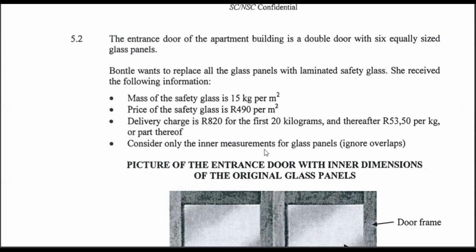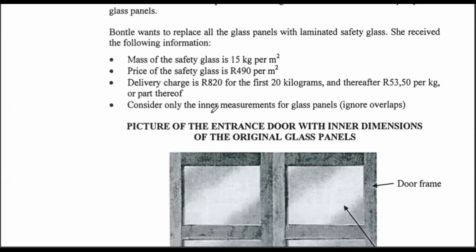So there are 6, they're all equal. Bontle wants to replace all the glass panels with laminated safety glass. She received the following information. Mass of safety glass is 15 kg per meter squared. Price of safety glass is 490 rands per meter squared.